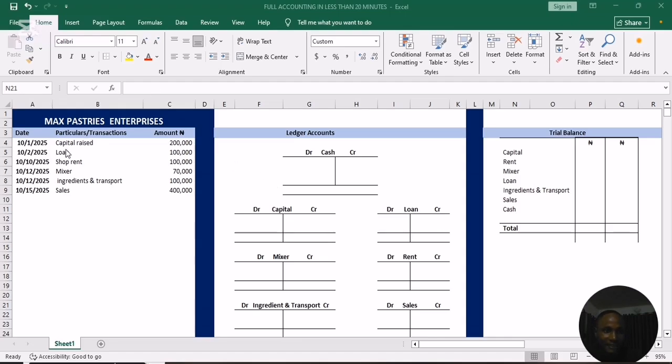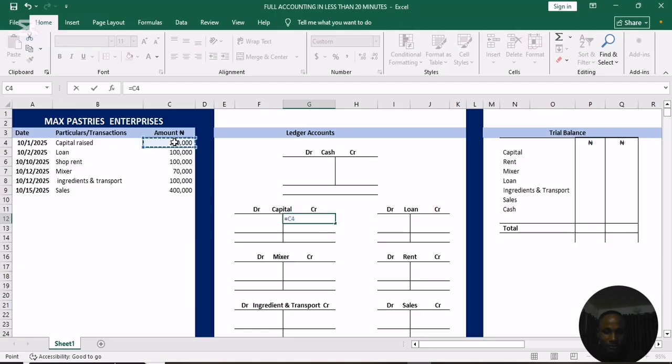We have a capital raise of 200,000. So how do we do that? The implication of the capital raise is that we'll be getting cash of 200,000, so we'll credit our capital account. You hit your equal to, then you tap in the amount for the capital at your credit side.